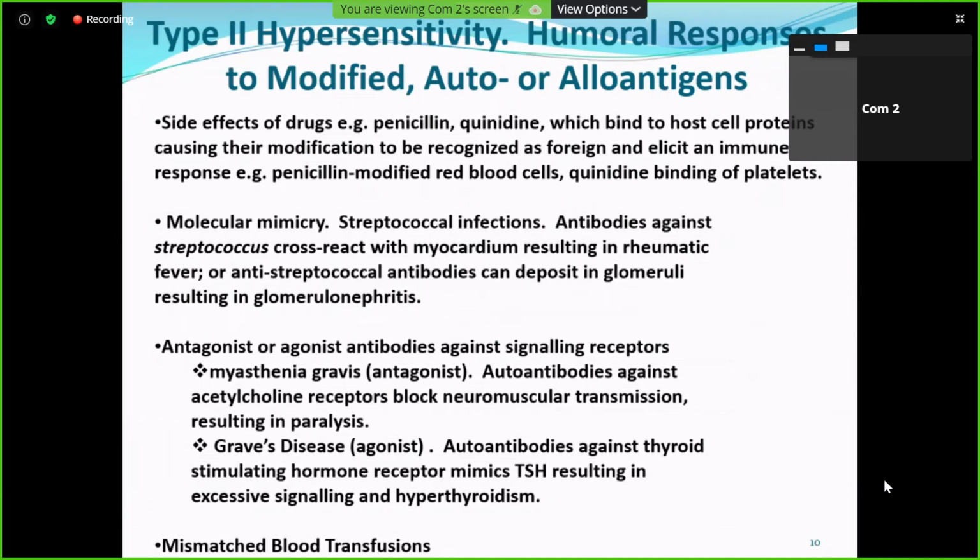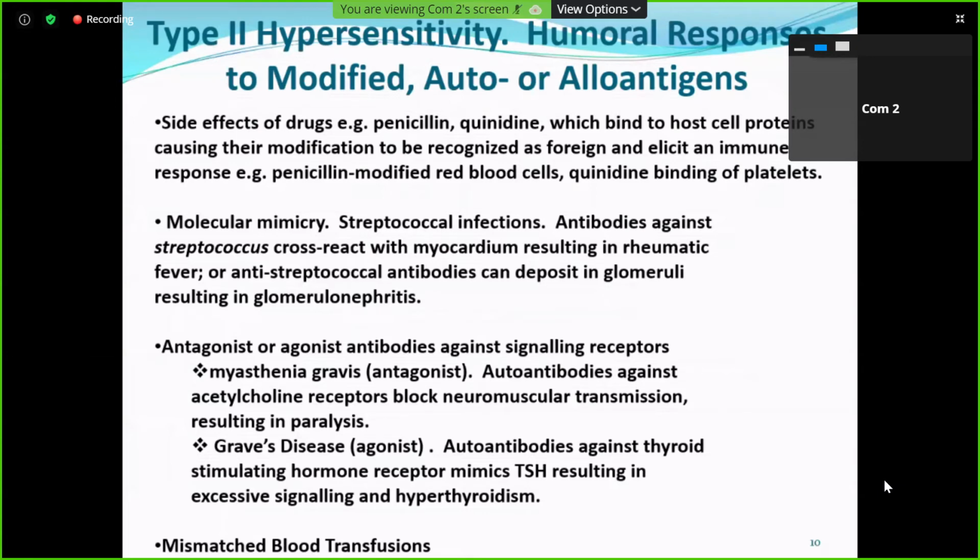So when an antibody binds to an antigen, it will activate complement. You can get then, through the downstream completion of the complement activation, the creation of C5, 6, 7, 8, 9 to create the membrane attack complex.